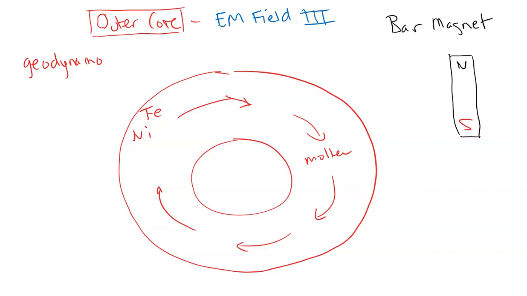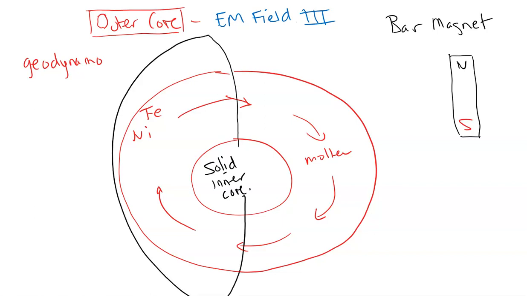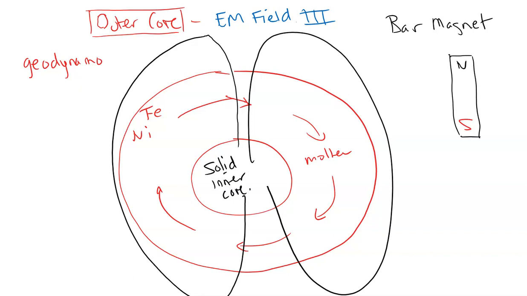You have the solid inner core, which the outer core is wrapped around, and the movement is around, but then you get this huge amount of magnetism going out and back around and in, and out and back around and in. And this would be thousands of times.